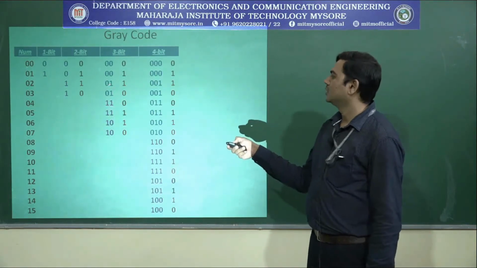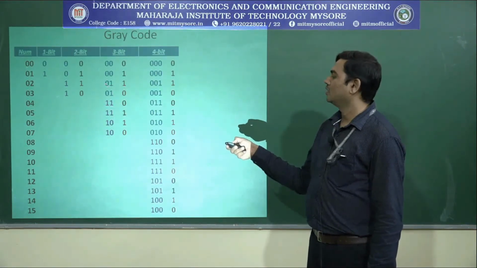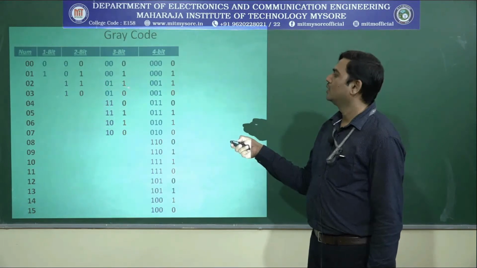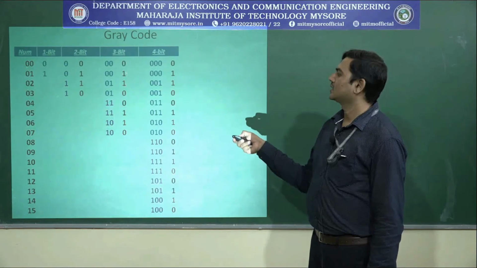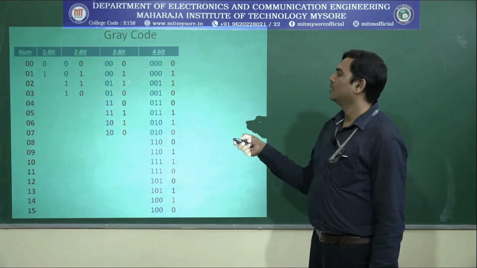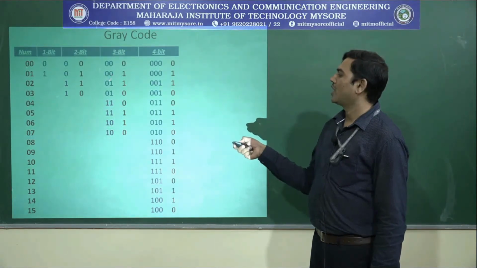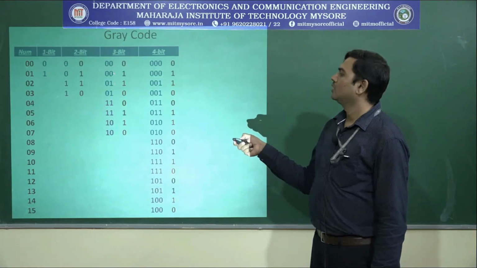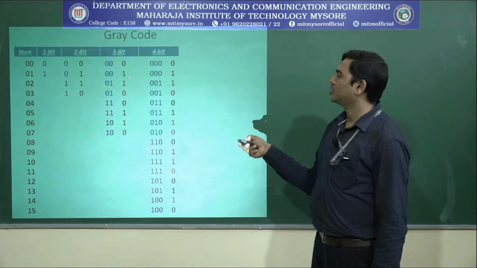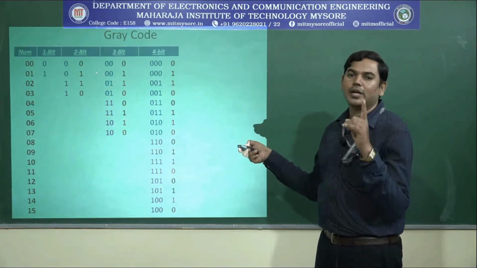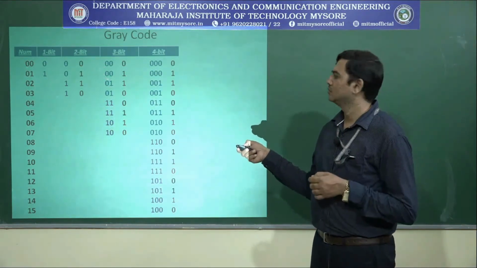I have chosen 0 1 1. Go to the previous representation. These 2 bits are same, 1 1. Here there is 1 bit change, 0 1. Look at the last bit stream, 0 0. Compare these two. There is only 1 bit variation.